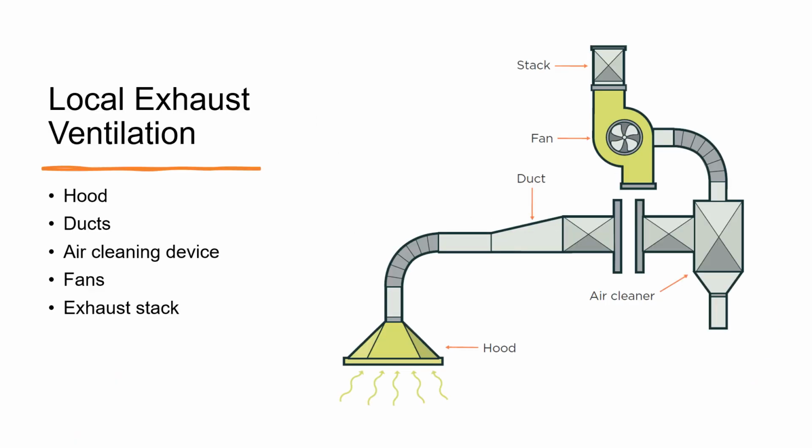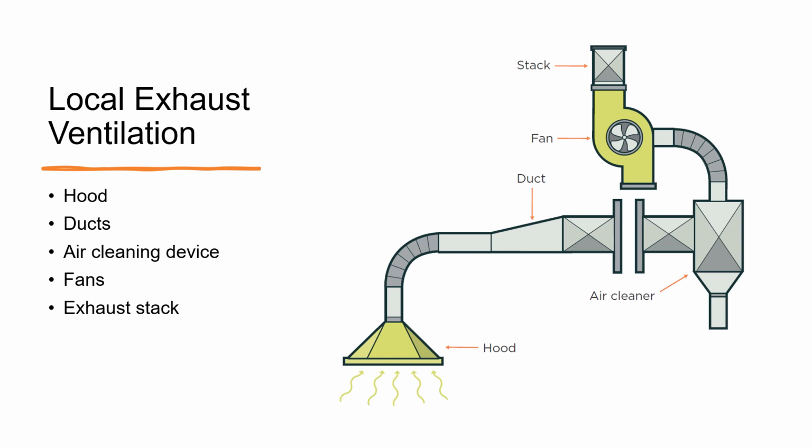Local exhaust systems tend to have 5 basic elements. This is a picture that was on a slide a few slides ago, but this is a really good example of the different elements of a local exhaust ventilation setup. So you're going to have the hood, which captures the contaminant at the source. You have ducts, which transport the contaminants through the system.